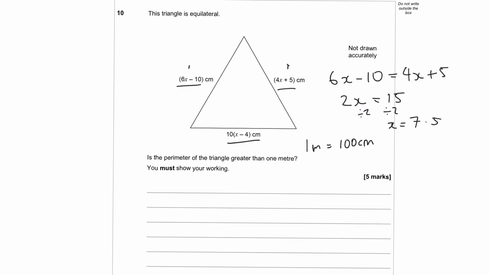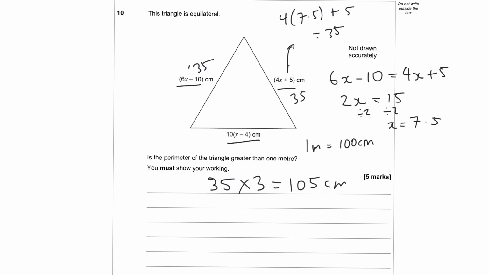So now we know what x is. We're going to work out what each side is. So I'll just substitute into one of them, let's say into this one. So 4 times 7.5 plus 5. Put that into your calculator. That should give you an answer of 35. Because it's equilateral, they should all be equal to 35. If you want to double check that, that is fine. So then, because they're all 35, 35 times 3, because there are 3 sides on a triangle, put that into your calculator, you get 105 centimeters.